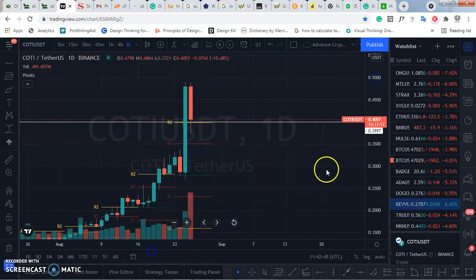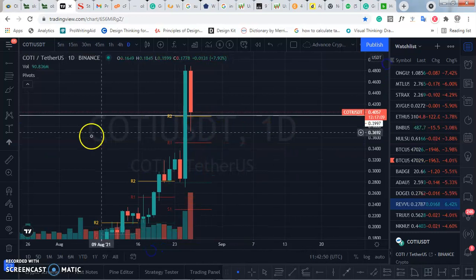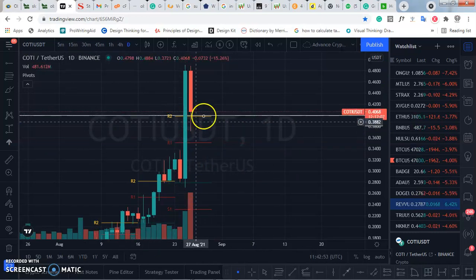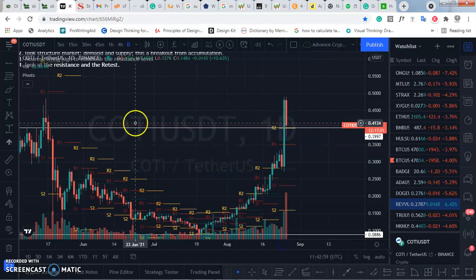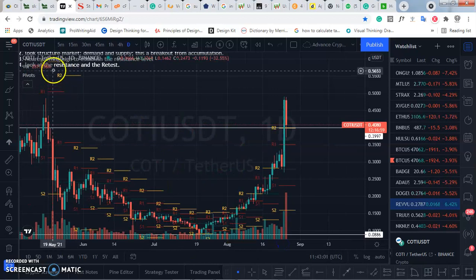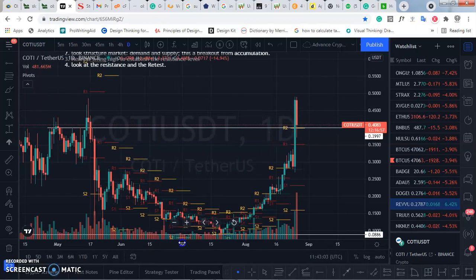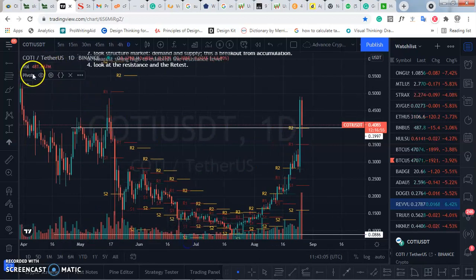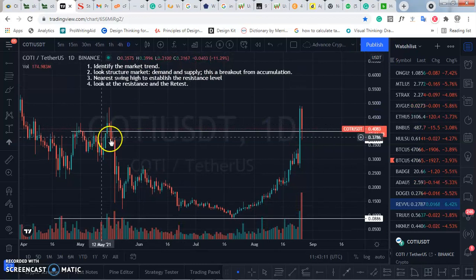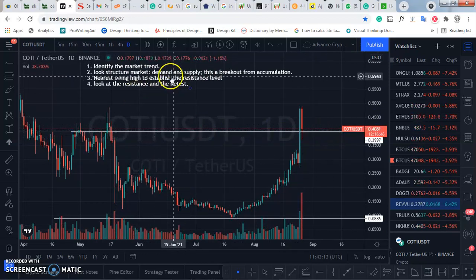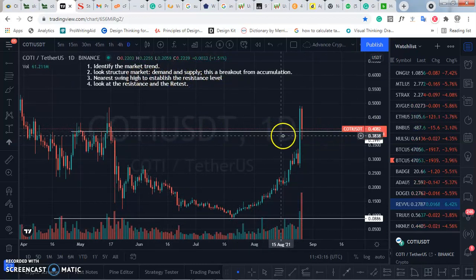Let me zoom out, and you'll find that it shows that this is a point of resistance. So we have established using the pivot point that this is a very strong resistance. Now I have to remove this pivot point, because I just used it to validate that this is an established resistance level.